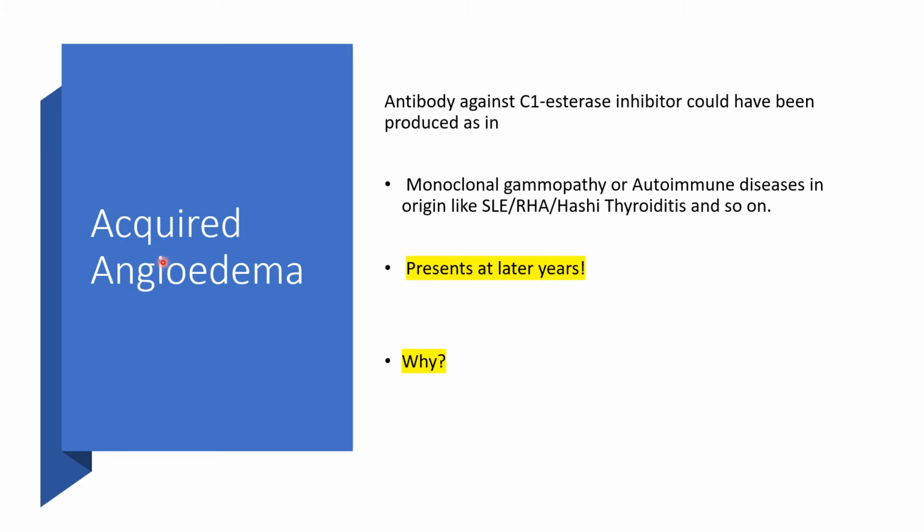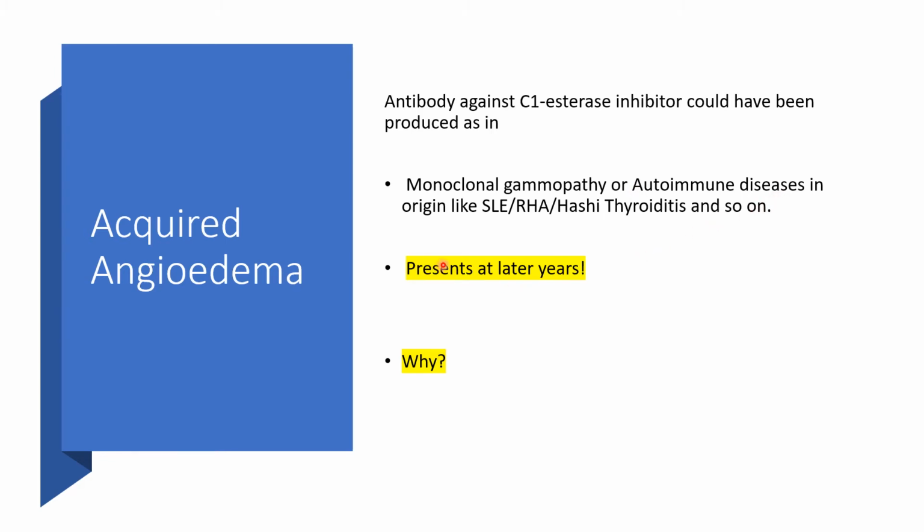Still on acquired angioedema, antibody against C1 esterase inhibitor could have been produced as a monoclonal gammopathy or autoimmune diseases like systemic lupus erythematosus, rheumatoid arthritis, Hashimoto's thyroiditis, and so on.